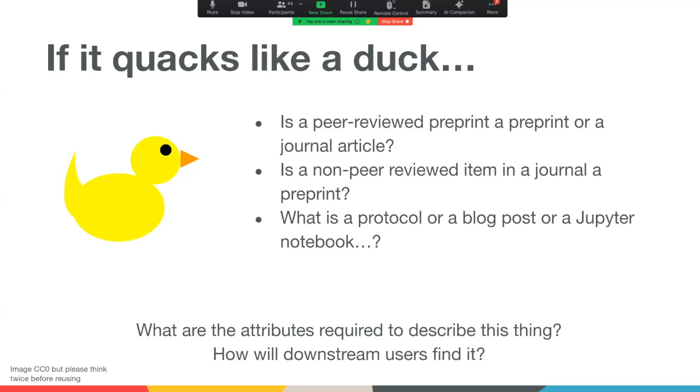Could you have a preprint that has, you know, maybe a volume and an issue number? Does a journal article have to have those things? But I think the most important question to ask is who is looking for that information? How are they going to find it? And if you have this collection of items that you want someone to find, how are they going to identify them?